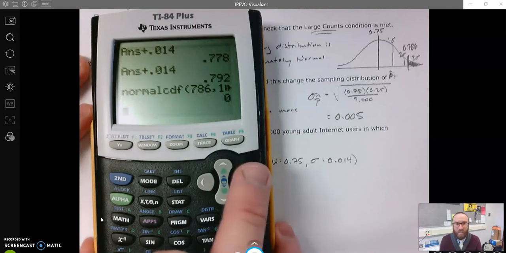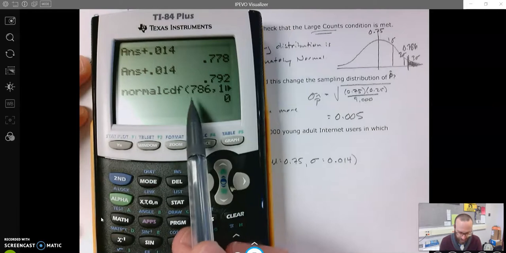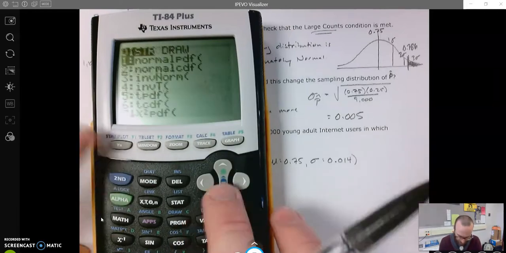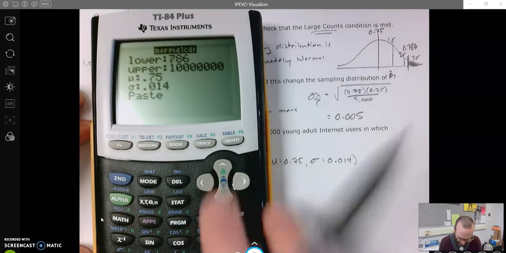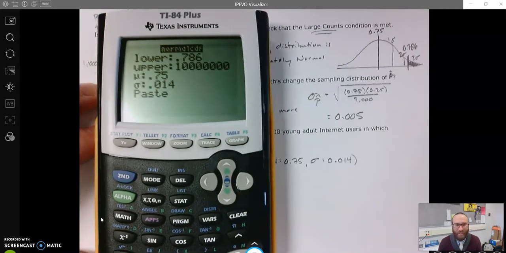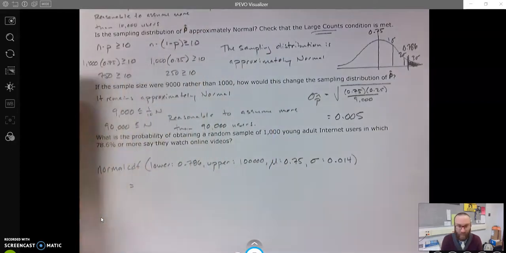And you'll see it gives me a probability of 0. Oh, and then I'm going to recognize that I messed up because I forgot my decimal. So I'm going to have to go back to my distribution. Sometimes it's okay to make sure everything else is good. And I'm going to get this value.